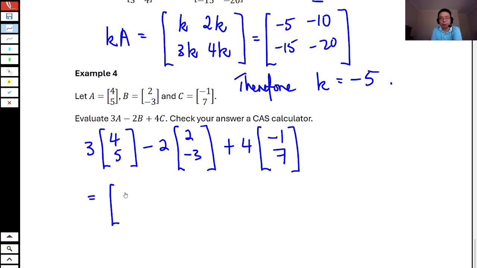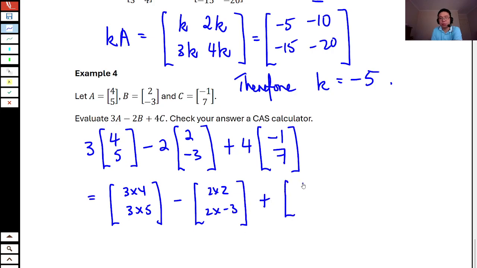So next I will have 3 times 4, 3 times 5, minus 2 times 2, 2 times -3, plus 4 times -1, and 4 times 7. So here I have shown what's happening with the scalar multiplication. Eventually, you'll be able to skip this step and go straight here.